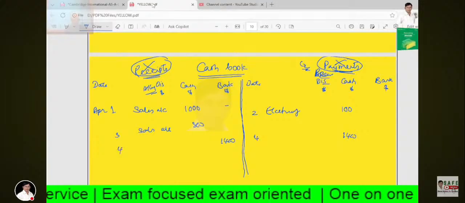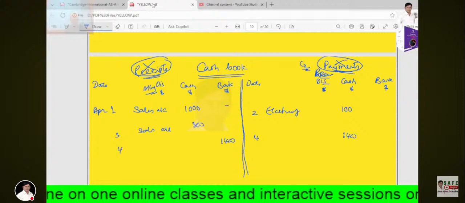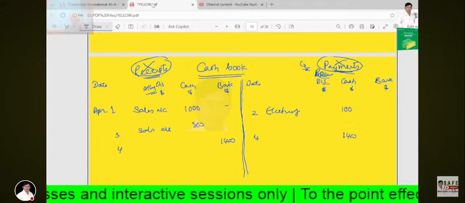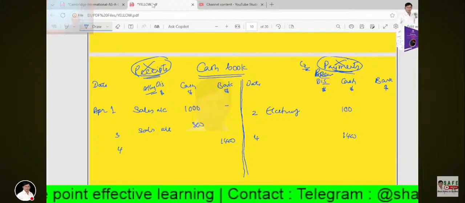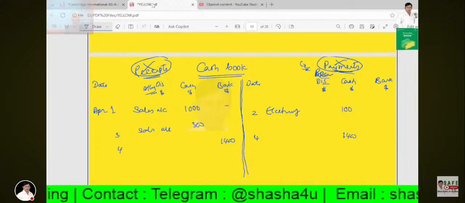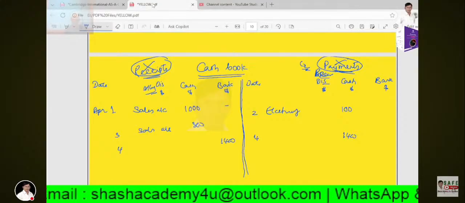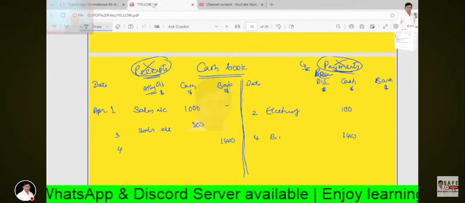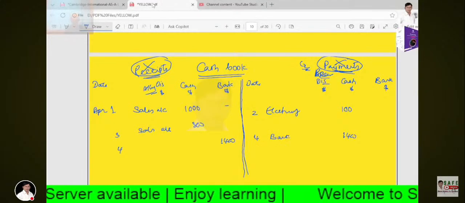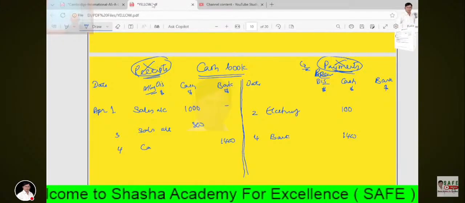Banked cash. Remember, always write it like this. Don't get confused. Bank account will be debited, and cash account will be credited because cash is going out and money is coming in the bank. Against this you have to write bank, and against this you have to write cash.